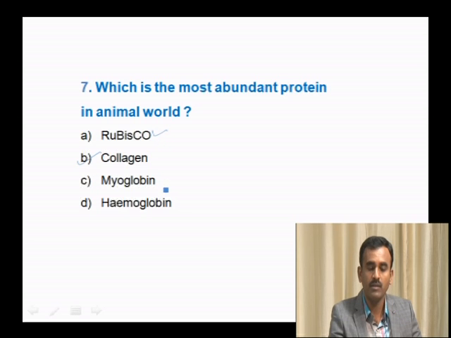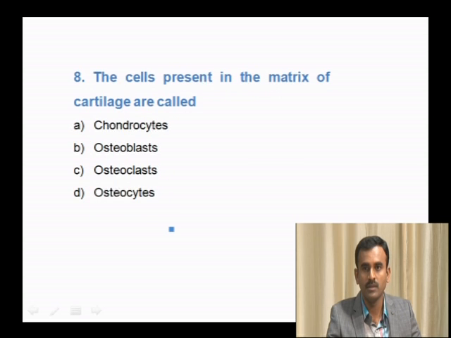Myoglobin is the red color pigment present in muscles. Hemoglobin is the pigment present in blood, which gives the typical red color, contains iron and globin proteins, and helps in transportation of materials.